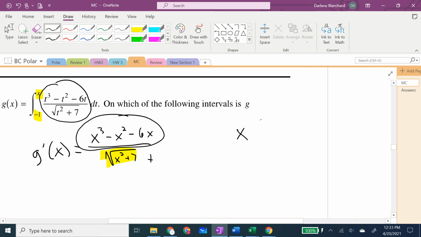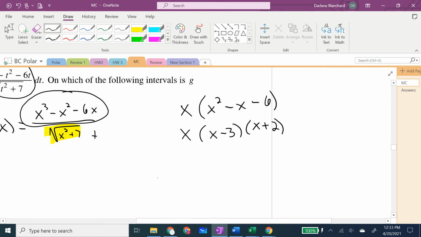I first factor out an x in this situation, and then I factor more. You do not have a calculator, let me remind you. And then the solutions to that equation are 0, positive 3, negative 2. And you need to figure out which sections are negative of these 4 sections.